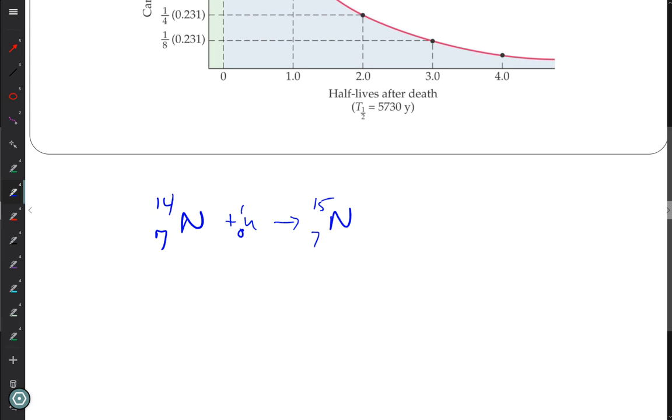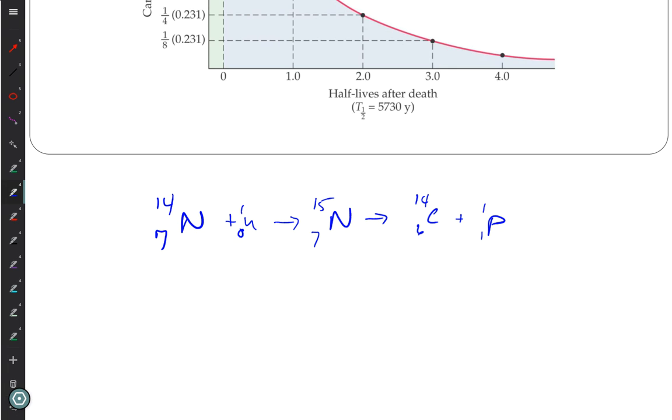I believe that produces nitrogen-15, which is unstable, which quickly decays into carbon-14 plus, and if it's going to do that, what's it going to give off? A proton. I think that's the reaction. I didn't look it up before class, so I should have. So that's what's creating the carbon-14 in the atmosphere.